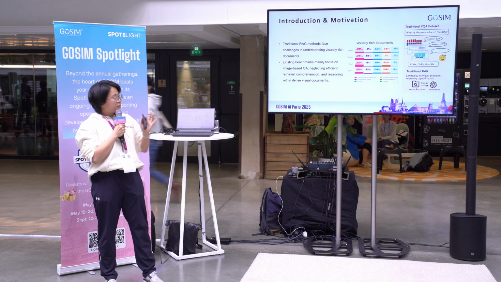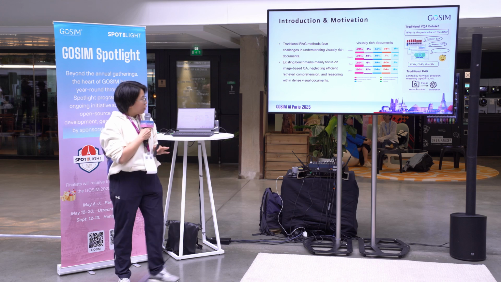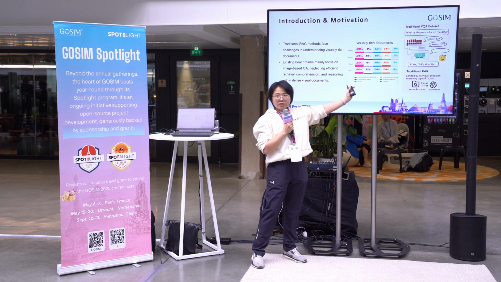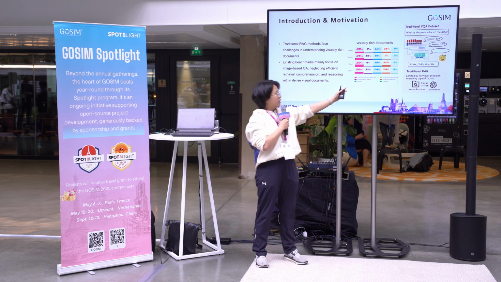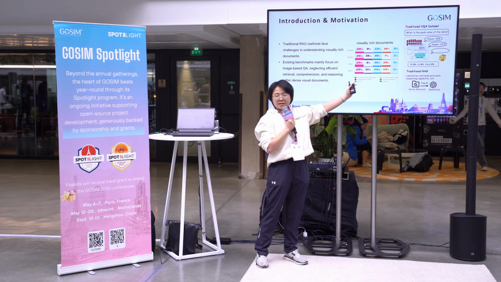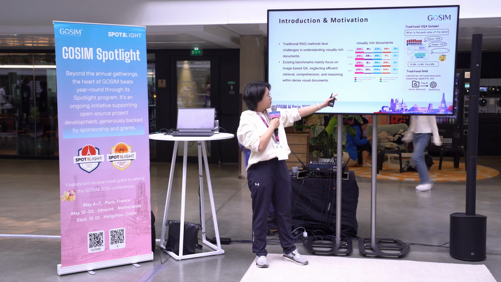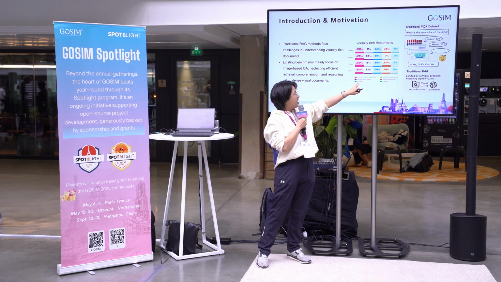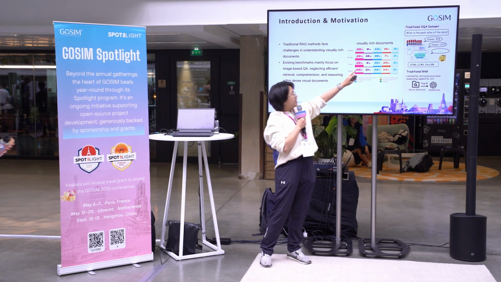And what is a visually rich document? I give an example here. It is a page from a document in real industrial scenarios. If I pose a question, what is the competition media in East?